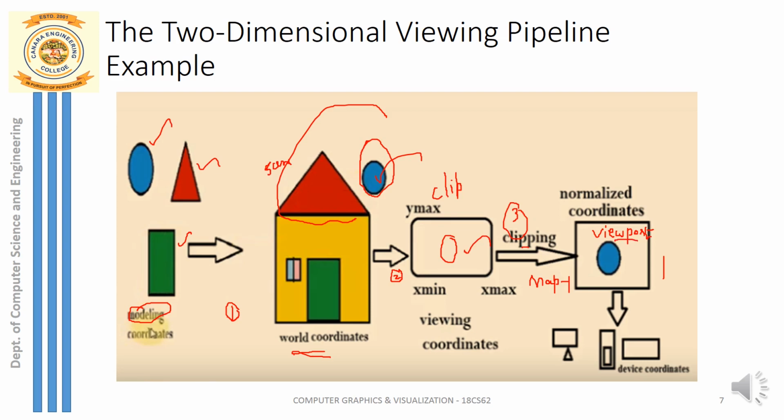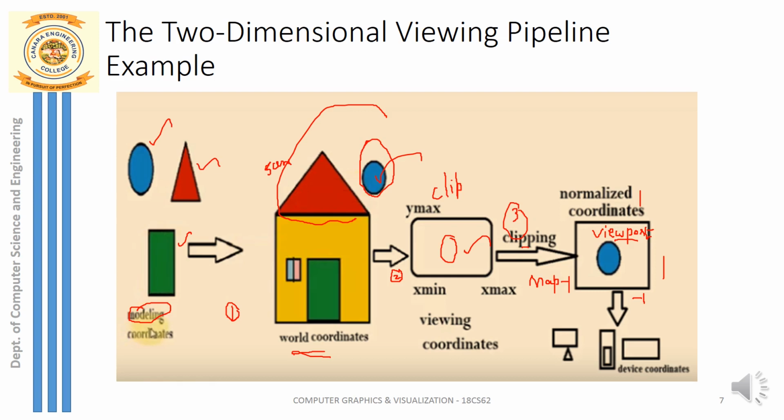The viewport coordinates, or in other words normalized device coordinates, are given by -1 and 1. That is the left extreme lower limit, and the right boundary extreme upper limit is given by 1. Again, the bottommost portion is given by -1, that is the lower limit, and the topmost portion is given by +1, that is the upper limit.